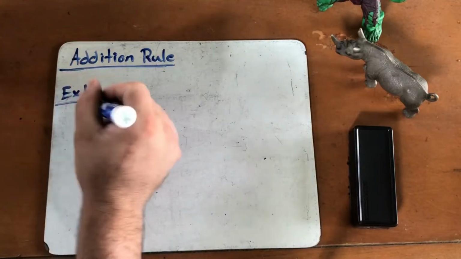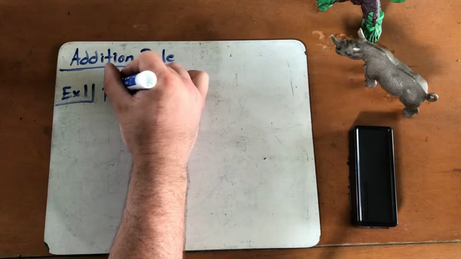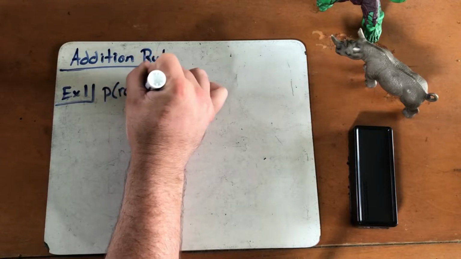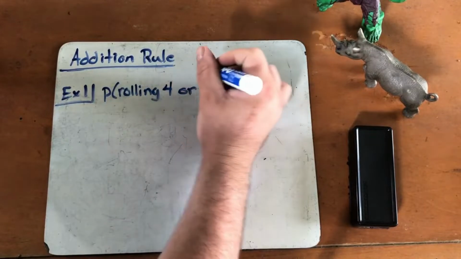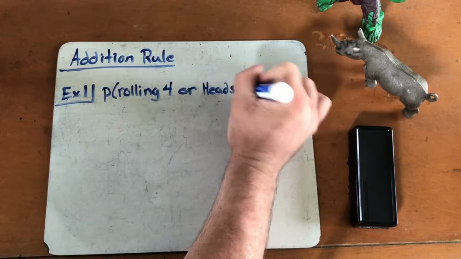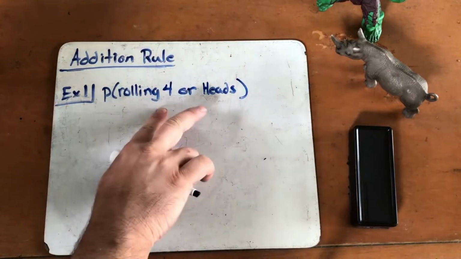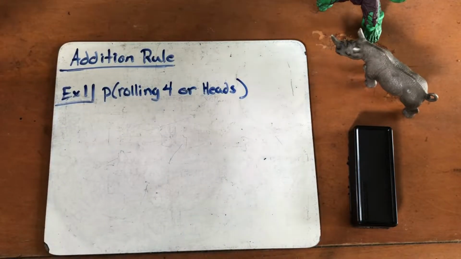Let's say specifically, we want to know the probability of rolling a 4 on a number cube or flipping heads on a coin. Since I'm rolling a die and flipping a coin, there is no overlap. They're two completely separate events.